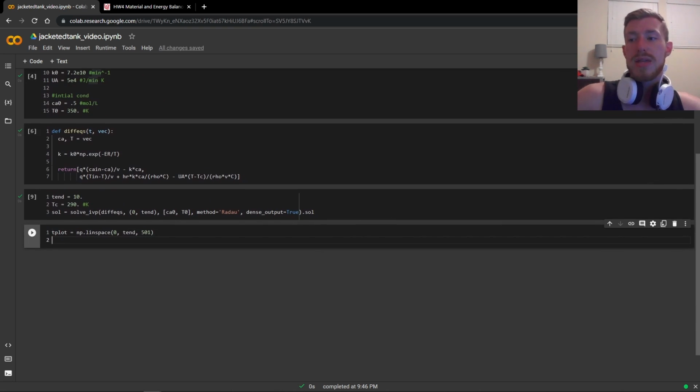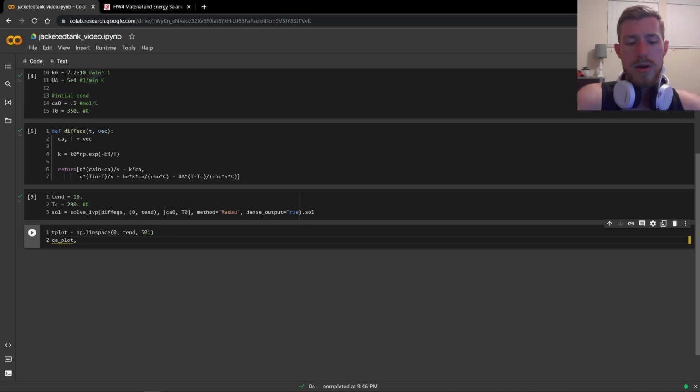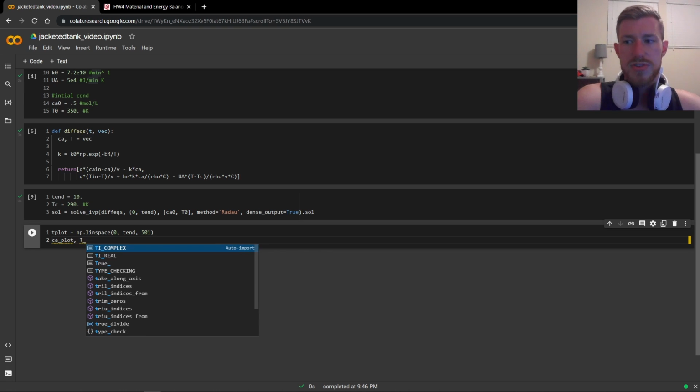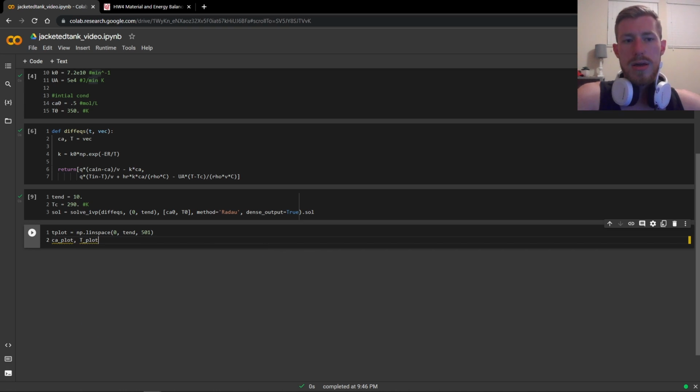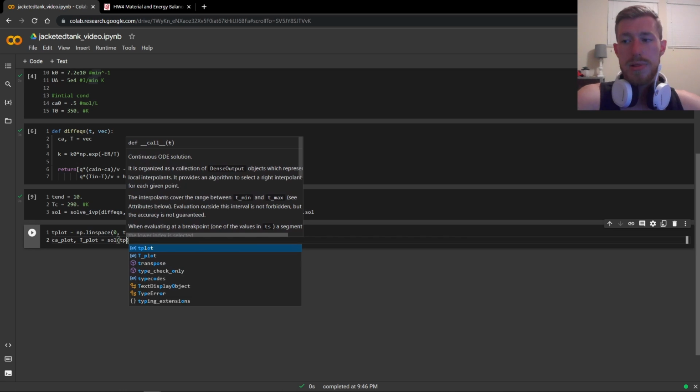That's fine. So now that we have our t-plot, all we're going to do is solve, I guess we would call it CA_plot, comma, and our T temperature plot, from the solution that we generated for each of our time plot.